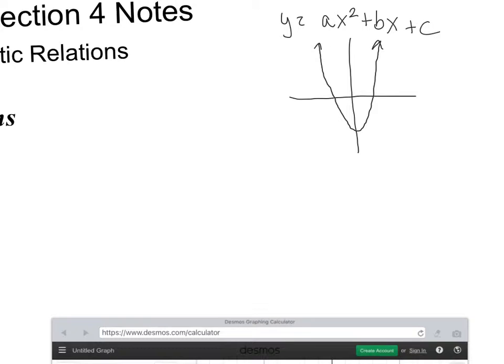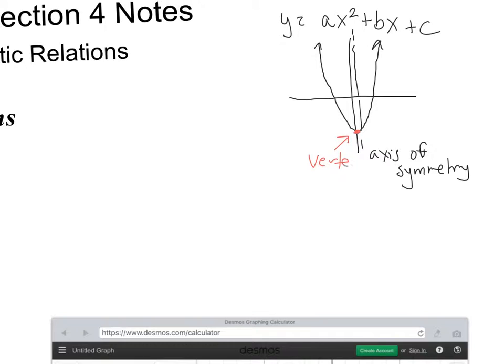And it is symmetric about a line like this. We'll call this line the axis of symmetry. That's a pretty important part of a parabola, and we'll define how we find all these in a second. Parabolas also have a bottom point here, which is a vertex.